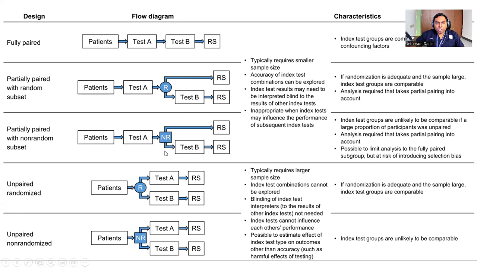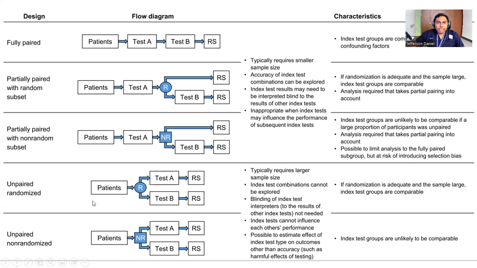CTPA is very costly, so you're doing it only for a subset of patients who went through test A, but you are not randomizing. It's non-randomized. Then there is the unpaired randomized. Let's decide that half of them will go through D-dimer, half of them will go through CTPA, but you are randomizing them. That's your unpaired randomized. Now there is an unpaired non-randomized. You are not randomizing them and they are not paired either, which is a very weak study design.